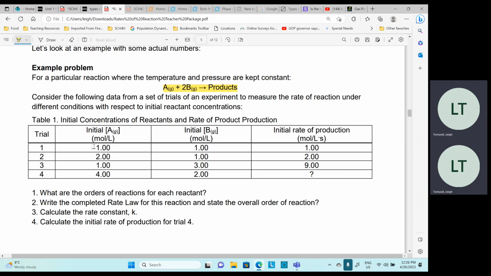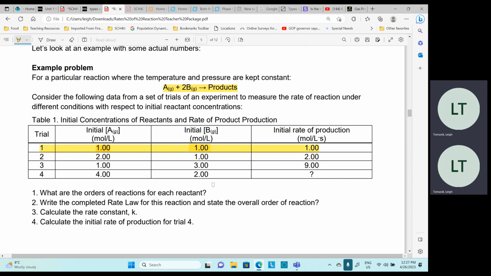We did an initial experiment where we had 1 mole per liter of reactant A and 1 mole per liter of reactant B. And we found the rate of reaction was 1 mole per second. How convenient. I wish it would work that way in real life. It doesn't really.